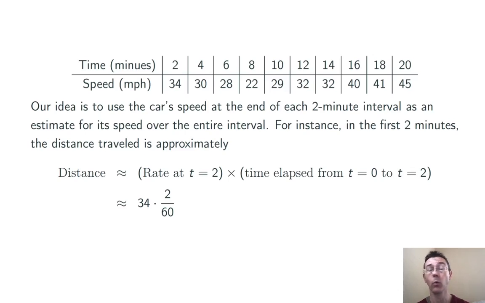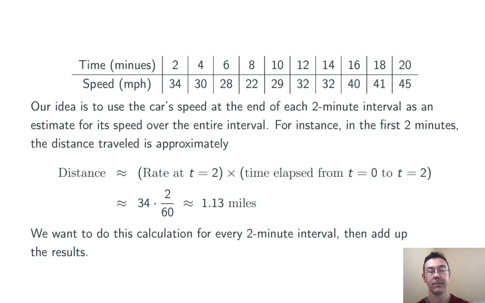So we need to convert one of those two to have a common time frame, common time interval. I'll do everything in terms of hours. So instead of 2 minutes, I'll say 2/60ths of an hour. Then the distance traveled in those first 2 minutes is approximately 34 times 2/60ths, or 1.13 miles.